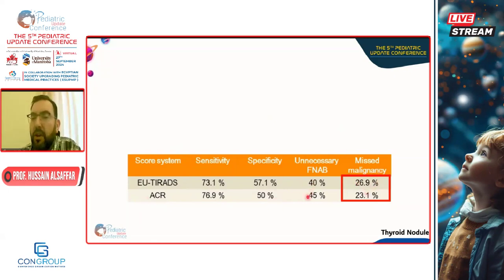Look at the unnecessary fine needle aspirations and biopsies: unnecessary in 40% of the cases, and unnecessary in 45% of the cases if you apply the American College of Radiology.